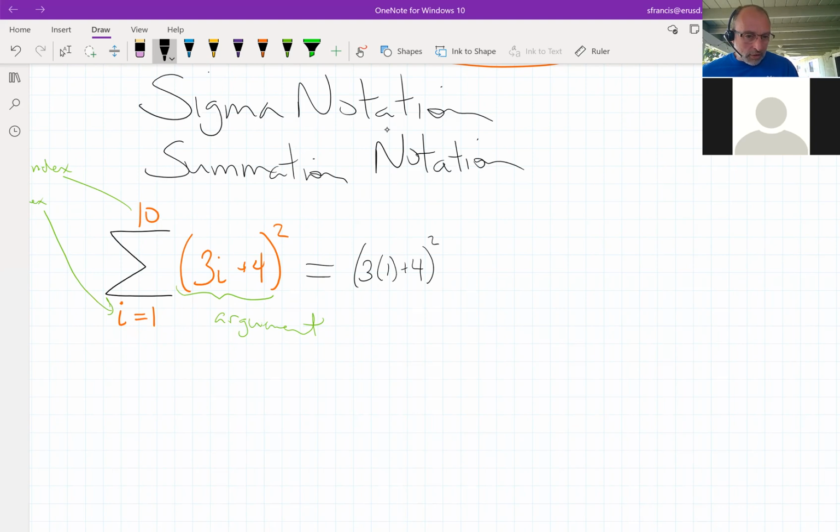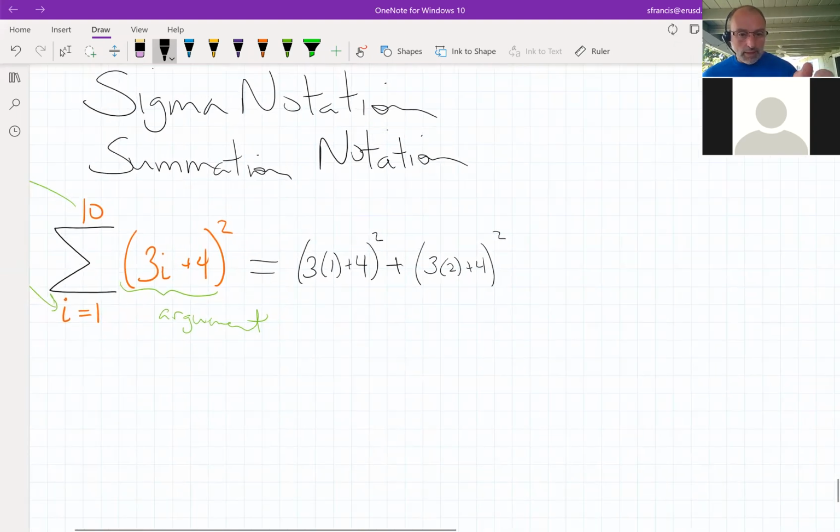So I put whatever i starts with. That's the first thing I put in for i. That's the first term. Then I'm going to add to it, and I'm just going to go down the integers now from 1 to 10. So I'm going to plug in 2. So I'll get 3 times 2 plus 4 squared. And then 3 times 3 plus 4 squared. And then we're going to continue.